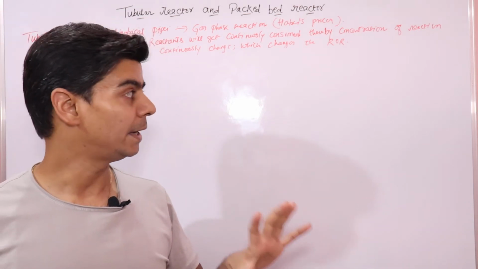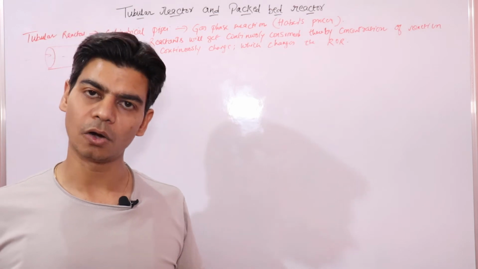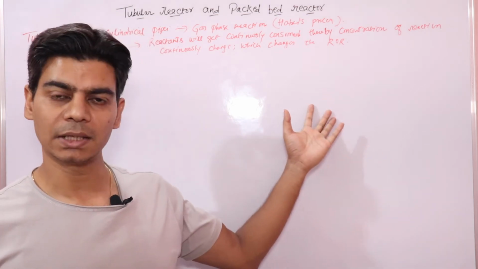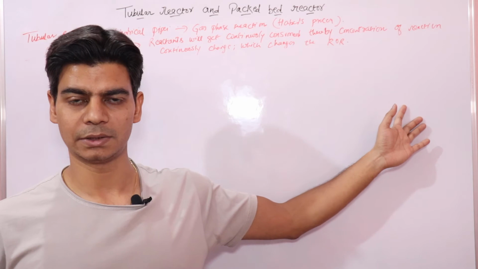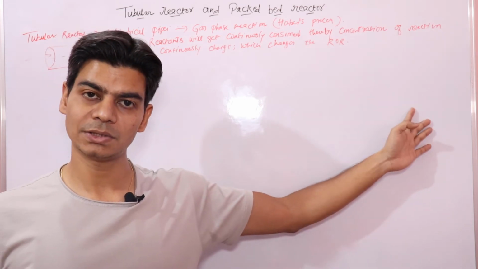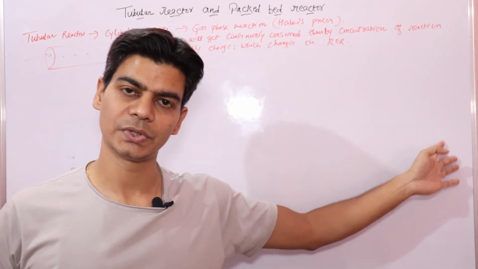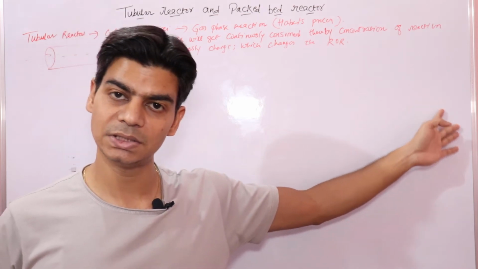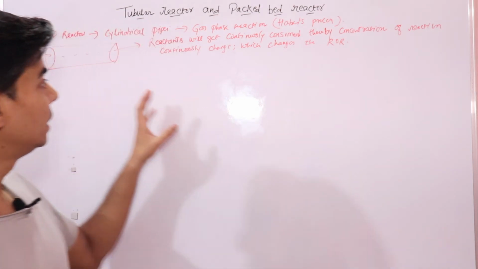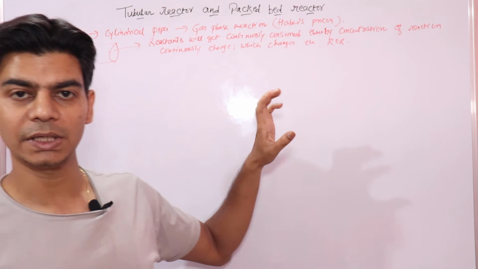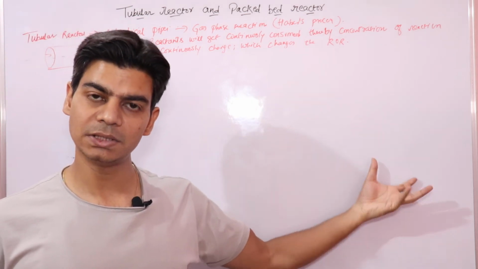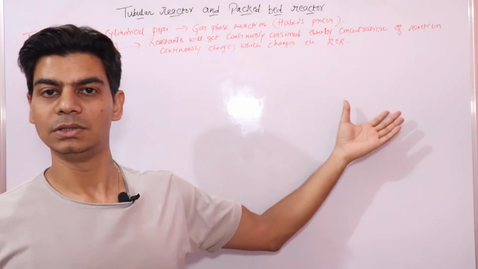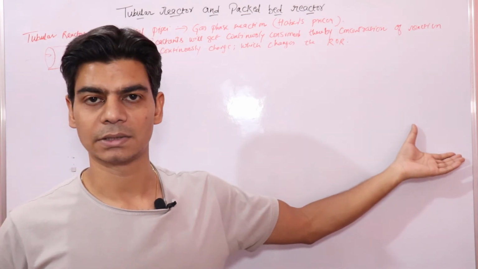And we know that as per the law of mass action, the rate of reaction depends on the concentration of reactants. So here the concentration of reactants is changing continuously inside the cylinder. That will continuously change the rate of reaction.